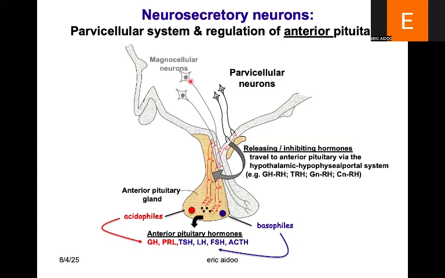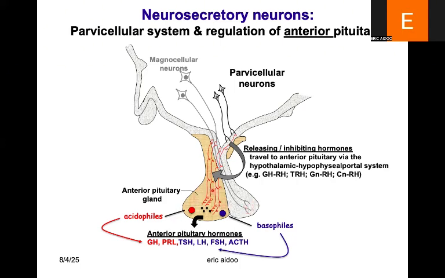But in the magnocellular system, you see that the axons go directly into the posterior pituitary. So that is what occurs. These are the ends of the axon, so we have the synaptic buttons there.